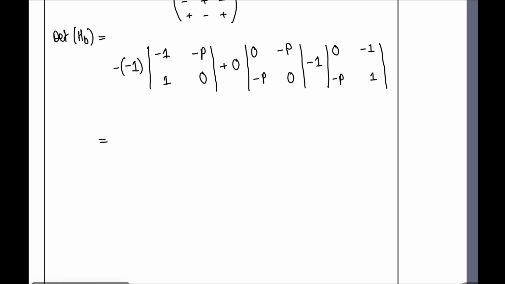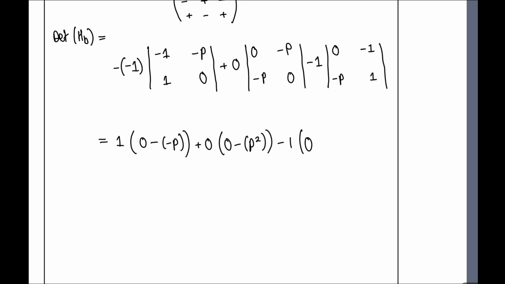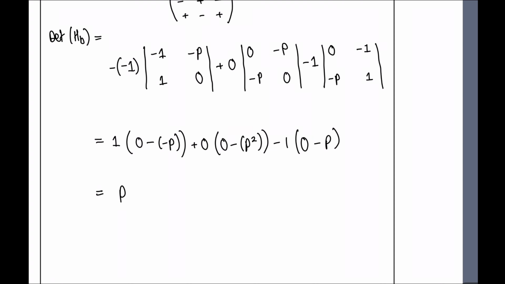If we now work out the determinant, we get 1 times 0 minus p, plus 0 times 0 minus p, then p squared minus 1 times 0 minus p. So here we are left with 0 minus p, which is just p. When we multiply by 0, this just gets eliminated. And then minus 1 times this minus p will just be positive p.